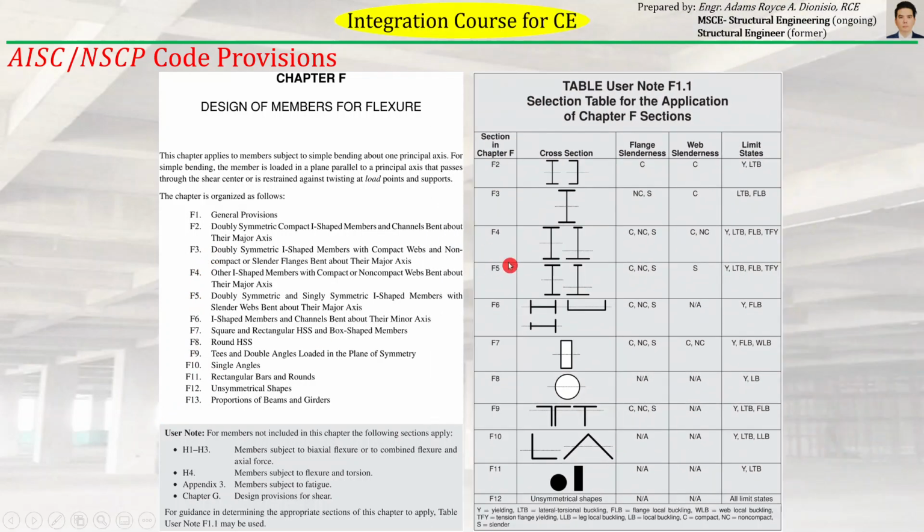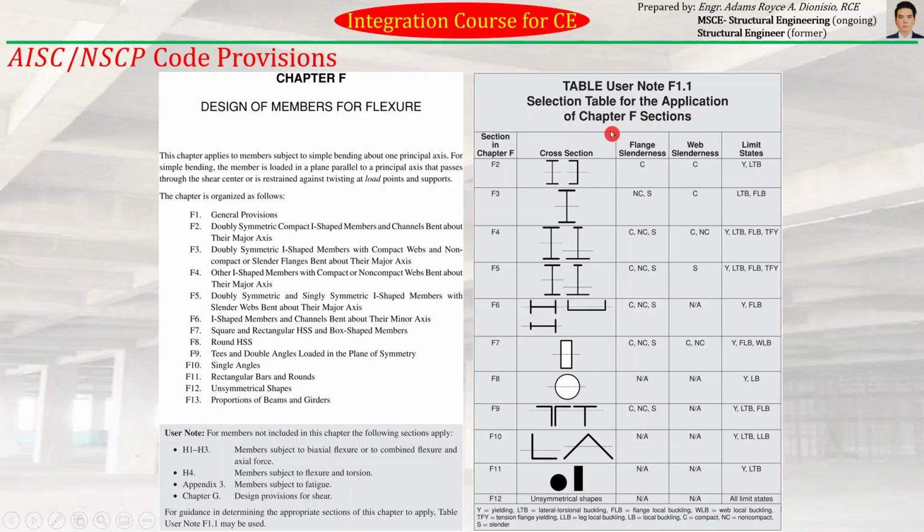Okay. So ito, this is also included in the code. You can refer to this if you just want to know what is the particular member being described dito sa mga corresponding chapter na to. Okay. So as you can see here, for chapter F2, yung mga provisions na yan for F2 can be used for sections na may ganitong cross-section, I tsaka channel.